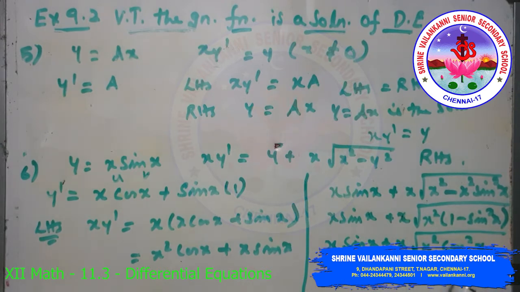Taking x square cos square x out of the root, we get x sin x plus, the square root of x square cos square x is x cos x. So we get x square cos x, which is our RHS. So LHS and RHS are the same.